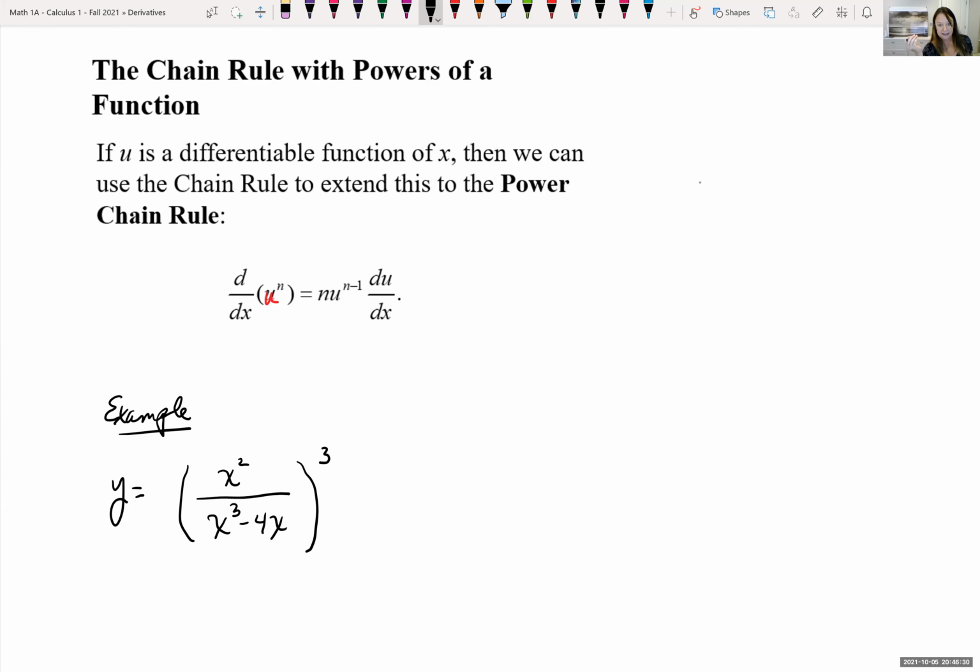So first of all, I see that we are going to use a general power rule. And when we take the derivative of the inside, I notice that I have a quotient, so I'm going to have to use the quotient rule. We're going to have to use multiple rules in here to take that derivative.